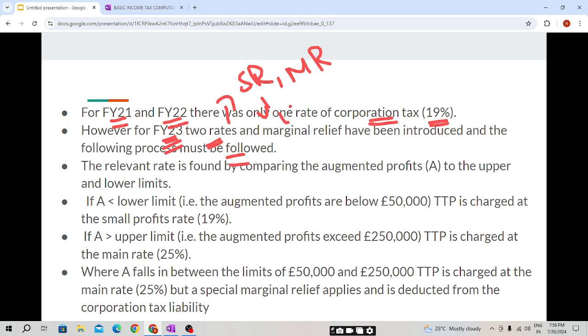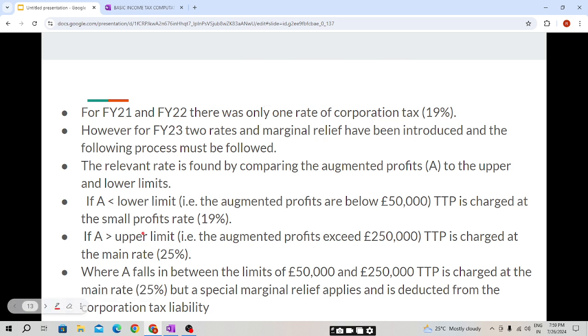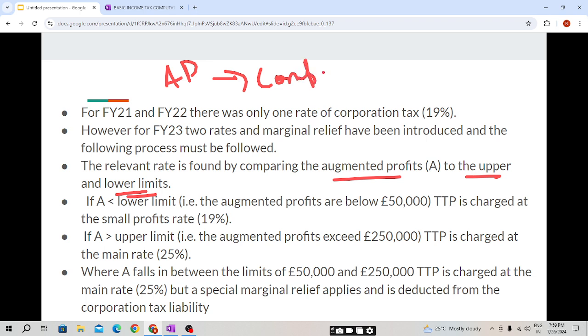Small profits rate is 19%, main rate is 25%, students, and marginal relief has been introduced. The relevant rate is found by comparing the augmented profit to the upper and lower limits. So the statutory limits were the upper and lower limits. First calculate the augmented profit, compare it with the statutory limits.